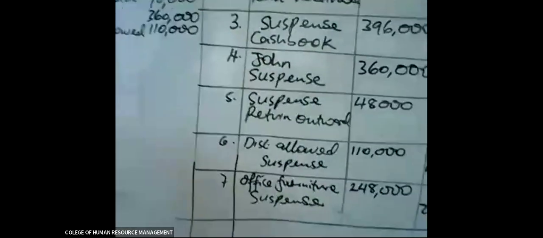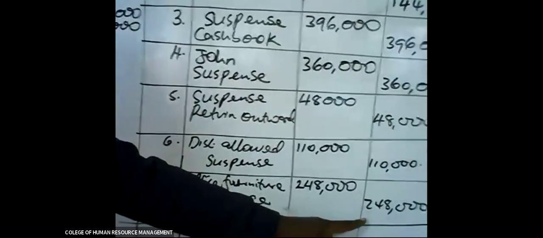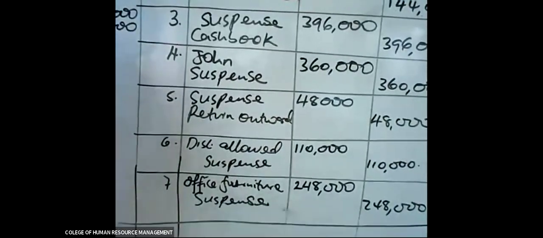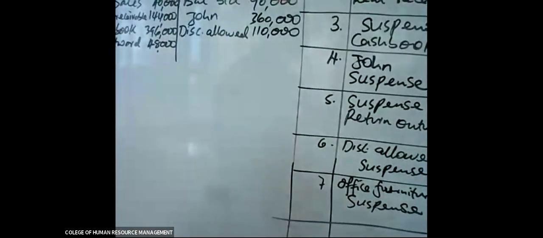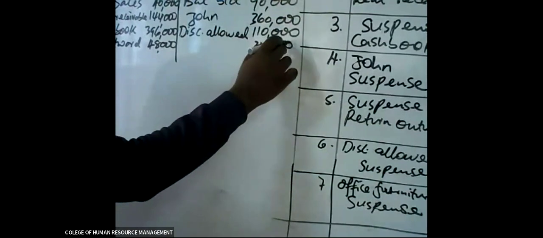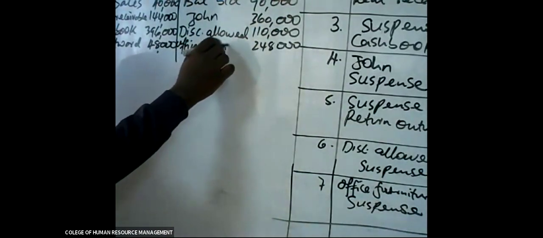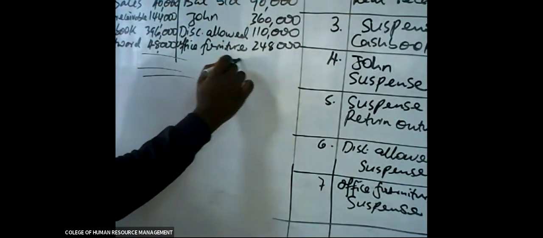Lastly, suspense account has been credited by 248,000. 248,000 on the credit side. The other account is office furniture. Credited, so we shall come here and credit 248,000. The other account is office furniture. That is how your suspense account should appear.